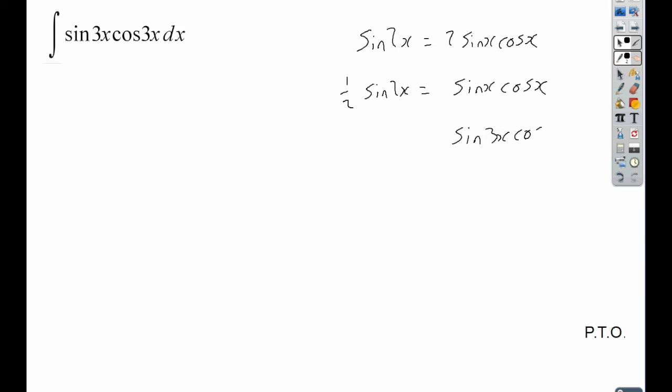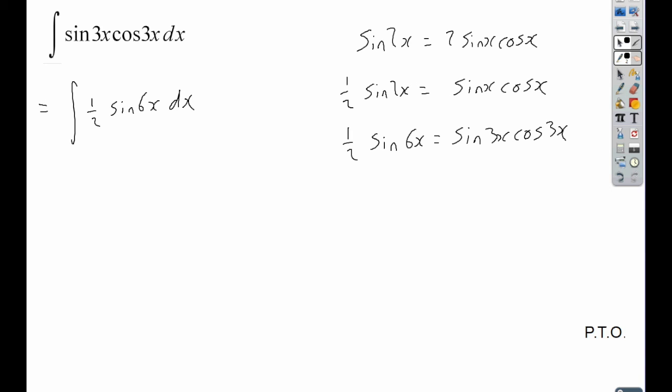So sine x is now sine 3x and cos x now cos 3x. It's called the double angle formula for a reason. We're just going to double this angle on the left hand side. So what that means is our integral is in fact going to be 1/2 sine 6x dx.